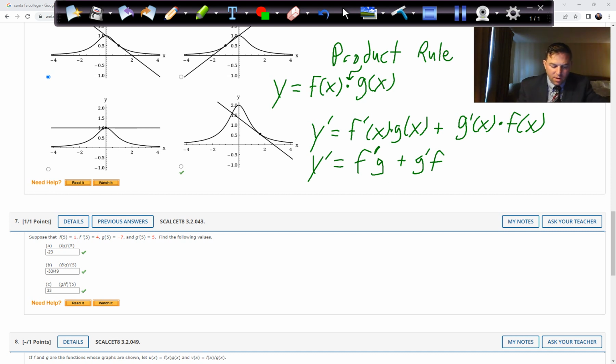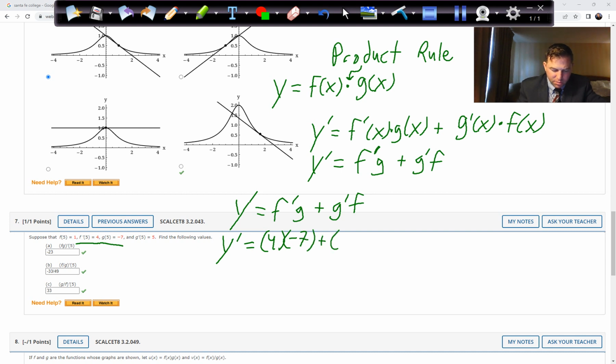In fact, that's the first one they want us to use. So they want us to find (fg) prime of 5. So they want us to use f'g plus g'f, where they have told us that f prime is 4. They told us g, the original g, is negative 7.